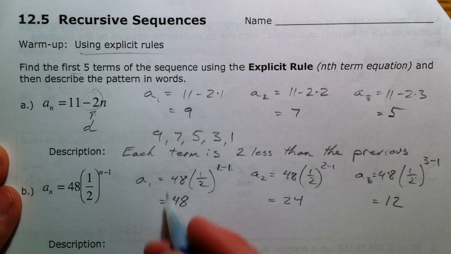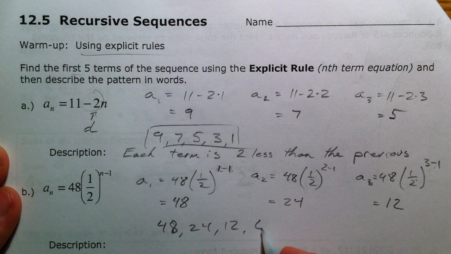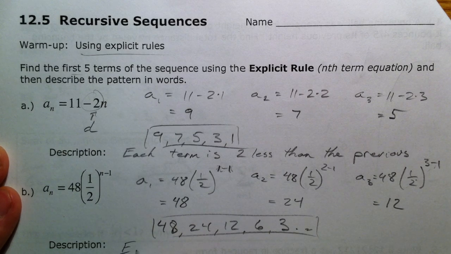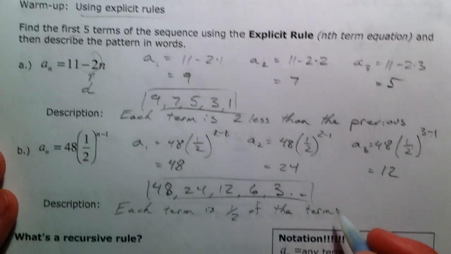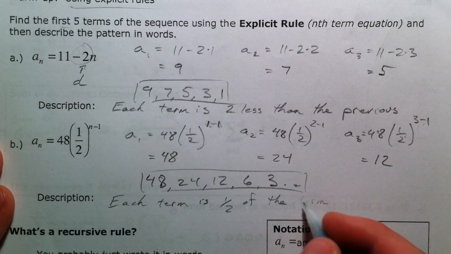And so up here it was 9, 7, and here we have 48, 24, 12, half of 12 is 6, half of 6 is 3, and so on. Each term is half of the previous term.